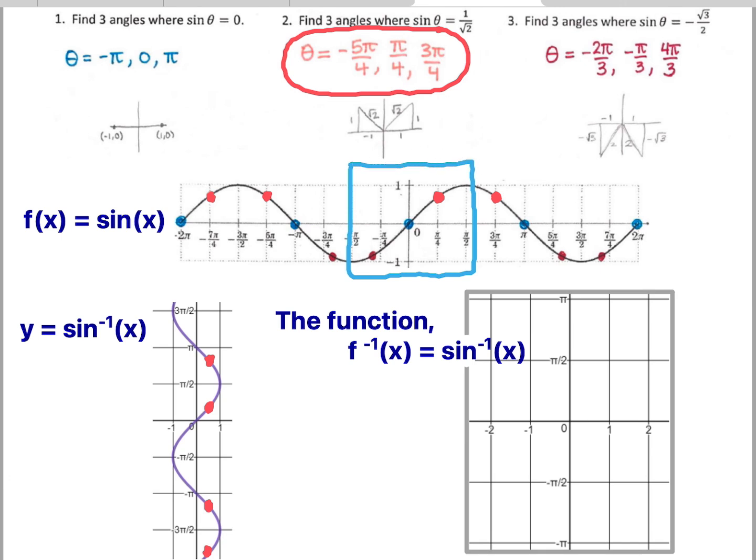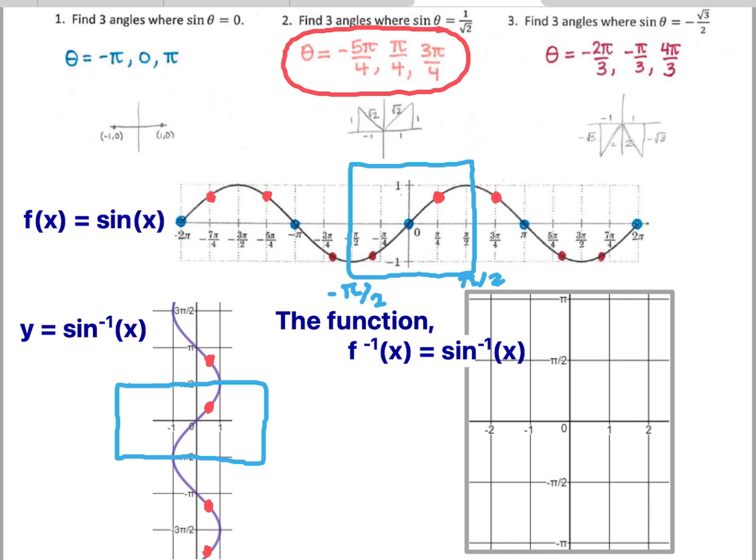That would pass the horizontal line test, right? Just the little chunk that goes from negative pi over 2 to pi over 2. If we go just from negative pi over 2 to pi over 2, then we'd only be looking at this chunk of the inverse.